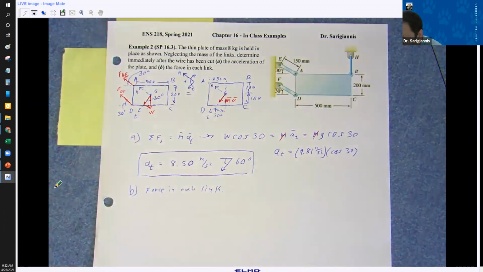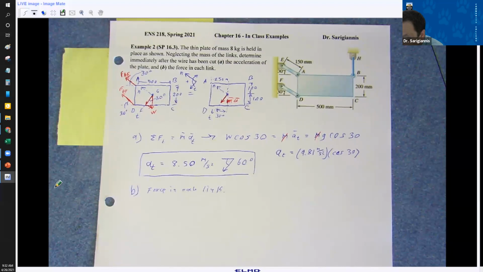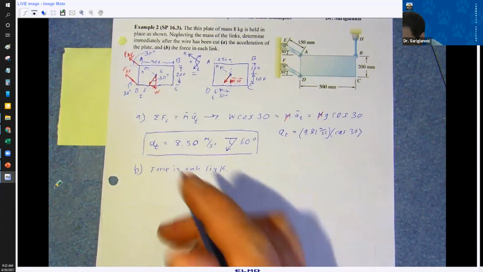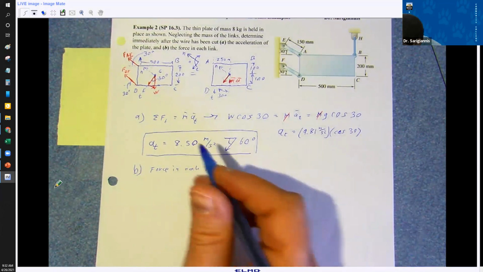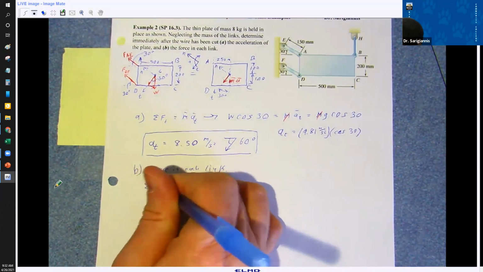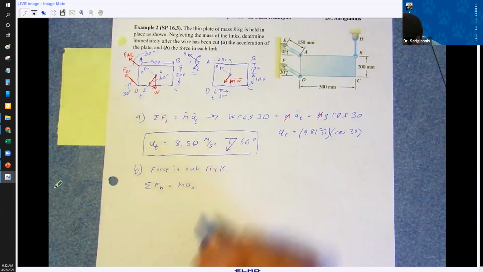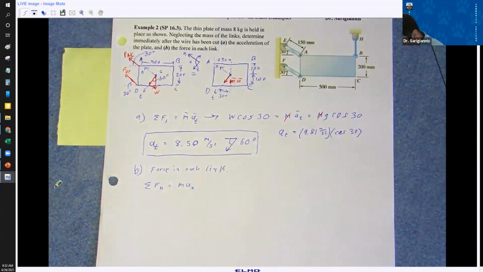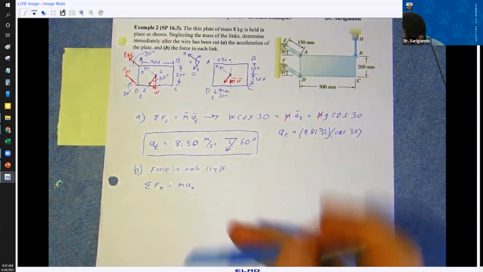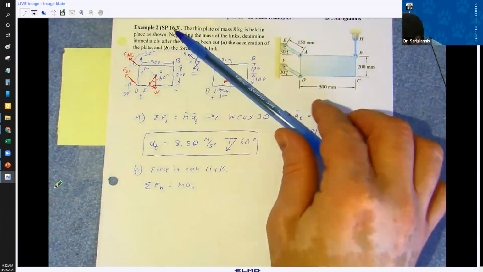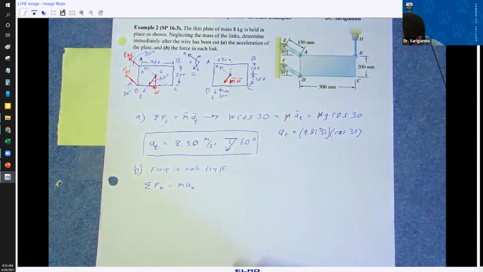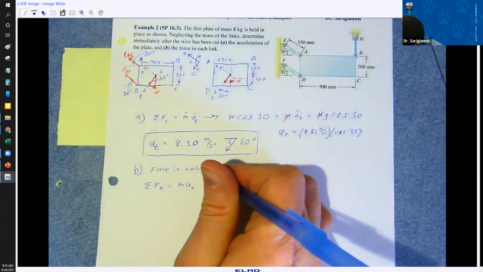We're going to look at the normal component, and we're also going to look at the rate of change of angular momentum, right? So the first part is just, again, sum of the forces in normal is mass times normal acceleration. Now, notice we didn't have a normal acceleration, right? So that's just 0.